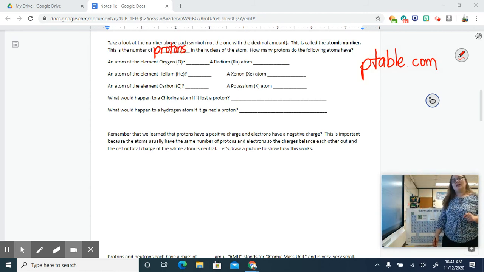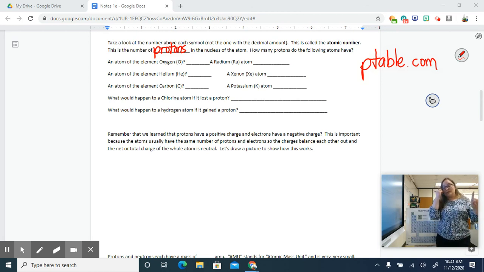So this atomic number tells you the number of protons in the nucleus of an atom. Now, it also can tell you the number of electrons. In a neutrally electrically balanced atom, if it has 11 positive charges, it's going to have 11 negative charges for it to be a neutral atom. So 11 protons, 11 electrons. Don't listen to the neutron part. That one's different. We'll talk about that later.